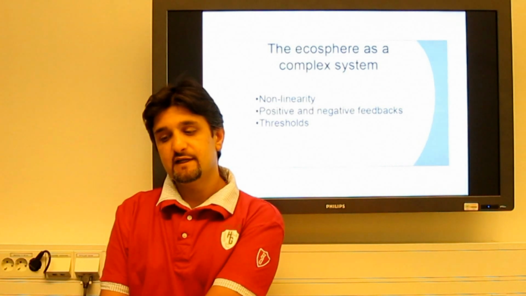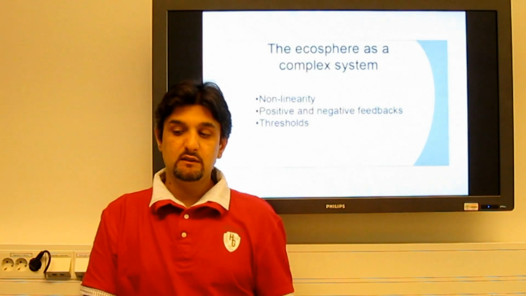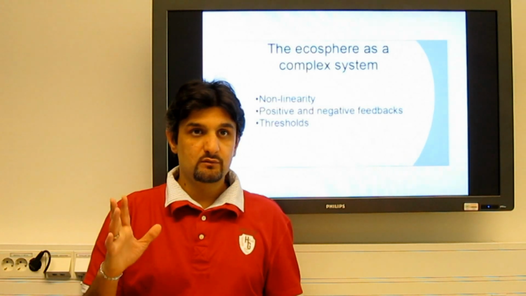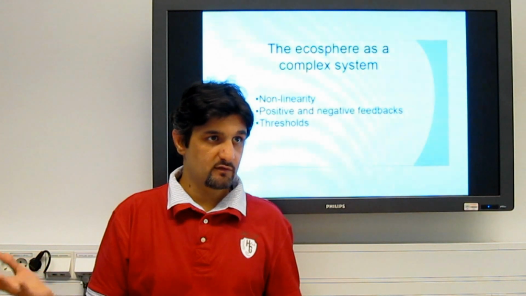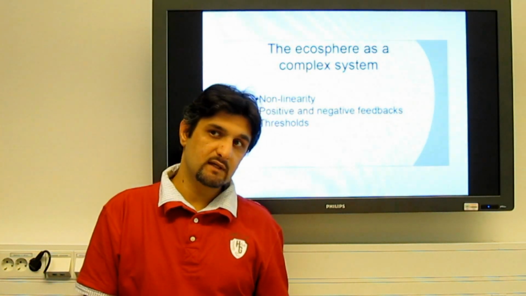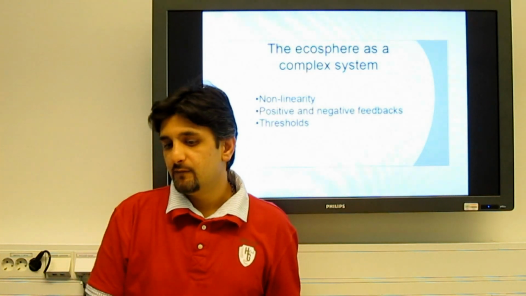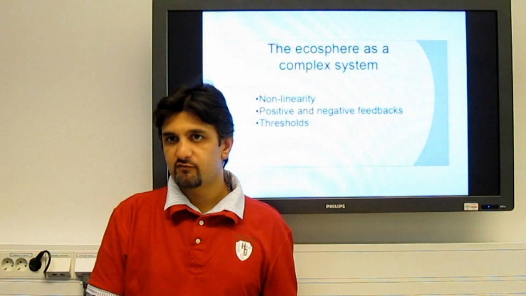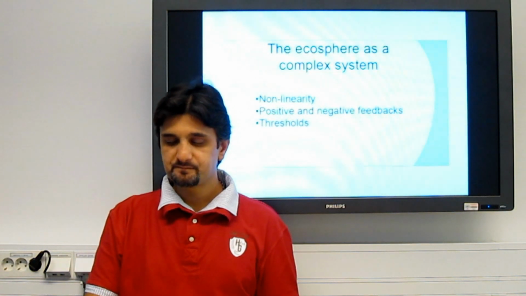The ecosphere as a complex system. There are some items that you need to consider in the ecosphere when you're going to describe it, as I said, as a complex system. Non-linearity is one of them, and the other one is the positive and negative feedback of the events that we're going to describe.